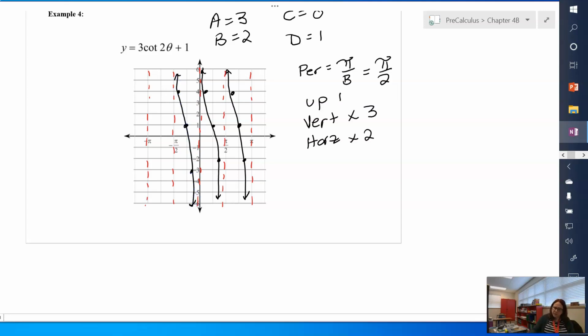And it just keeps on repeating. I'll draw it one more time. All right. So that's our cotangent with a times 3 stretch and an up 1.